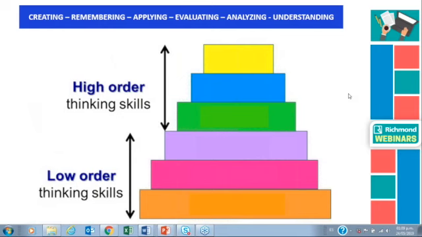So we said on top is creating. So what goes first? Is it applying, or maybe it is first remembering? What goes second? Creating is the top, and before creating we do what? Okay, it's been about a minute or probably less, but we're almost there.